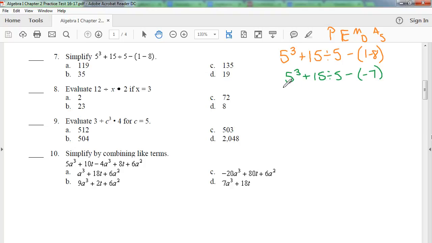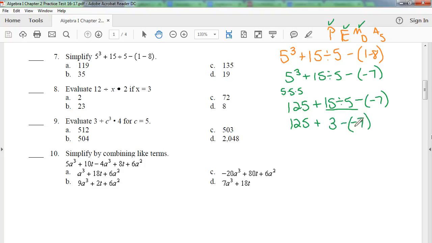Next we have exponents. We've got our parentheses, next is exponents. That would be this 5 cubed. So 5 times 5 times 5 is 125. Next we have multiplication and division as they appear from left to right. So the first one that shows up is this 15 divided by 5, which is 3.